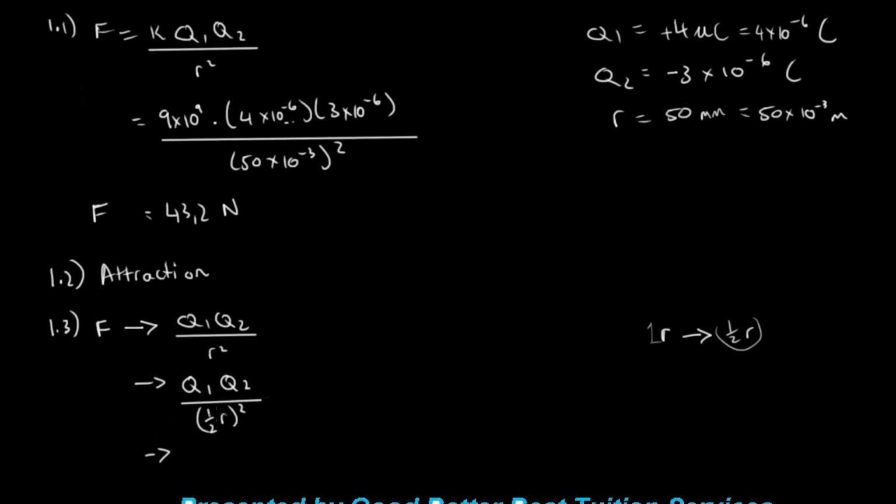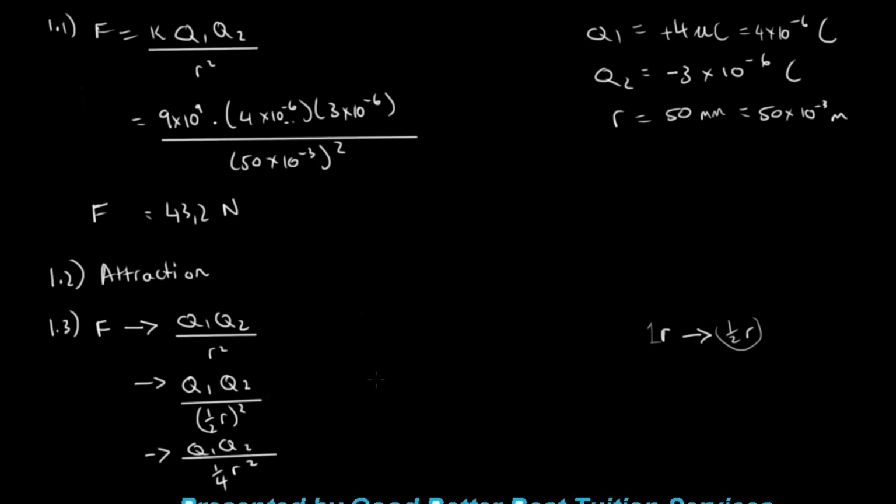On the next line, we can see we obviously have a sum that we can perform. So Q1, Q2 is going to stay on top because they're just the product of the charges. But we have half r squared, so we're still going to get r squared, but what's a half squared? Our half squared is a quarter. So we end up with a quarter r squared.